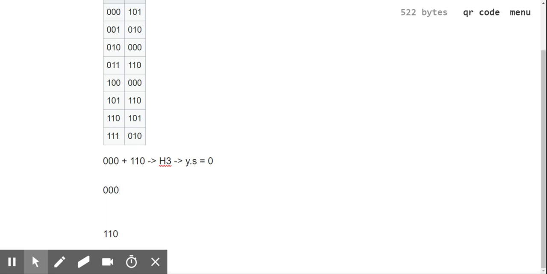We'll do this bit by bit. We'll start with the rightmost bit. So here we end up with 0, 0, 0 plus 0, 0, 1, right? So this qubit gets basically duplicated with a phase of plus.